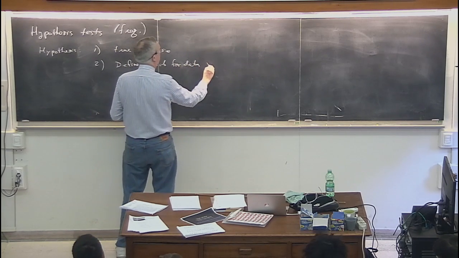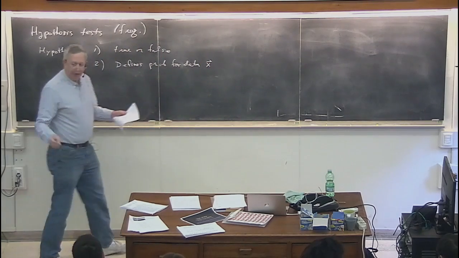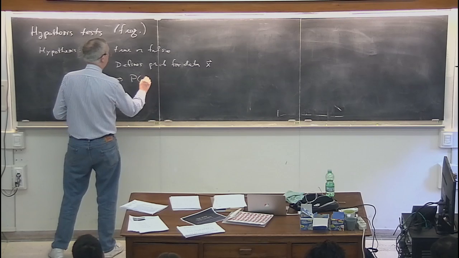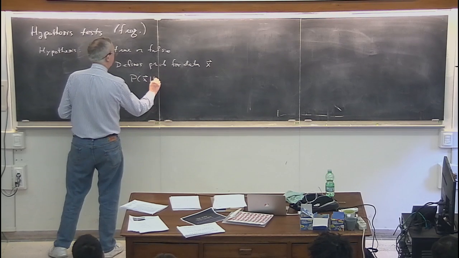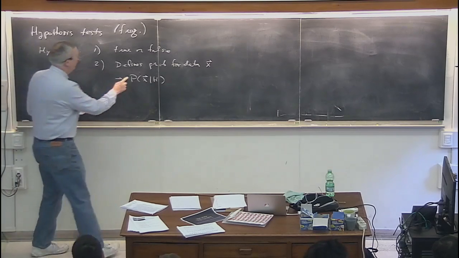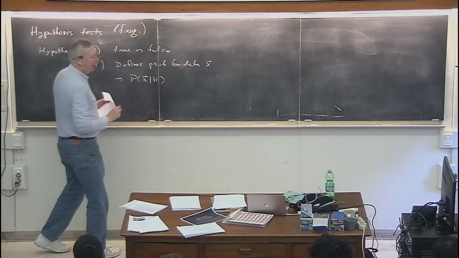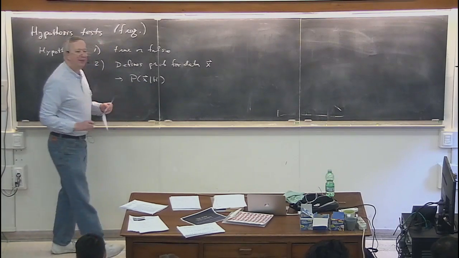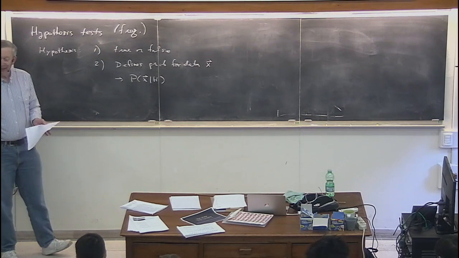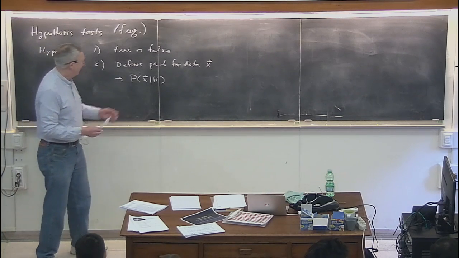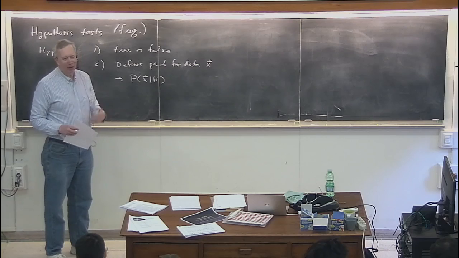So symbolically, I'll call that data x vector, as we've been doing. And so this has to give me some formula for the probability of x, and I'll use this language of conditional probability. I'll put a vertical bar, so this looks like probability of x given h. And so now you're thinking, that seems to imply that both x and h are admissible arguments to a probability function. Am I being a Bayesian? No, I'm just being sloppy in my notation, but this is the notation that is widely used.